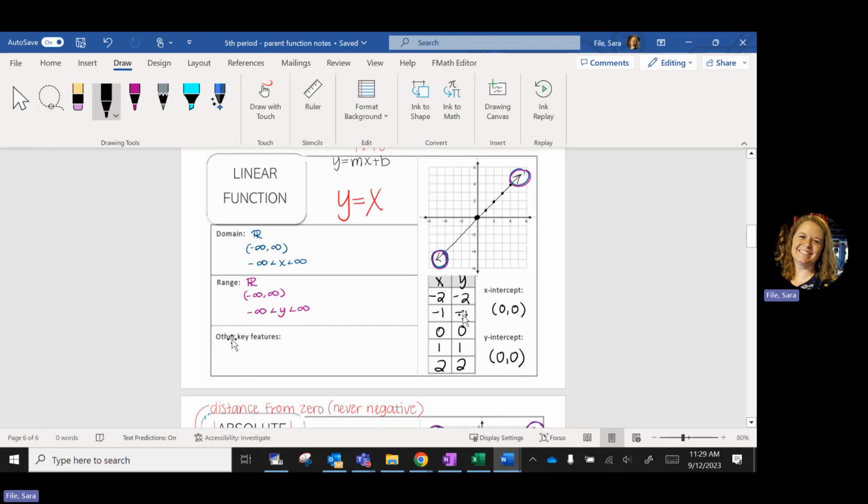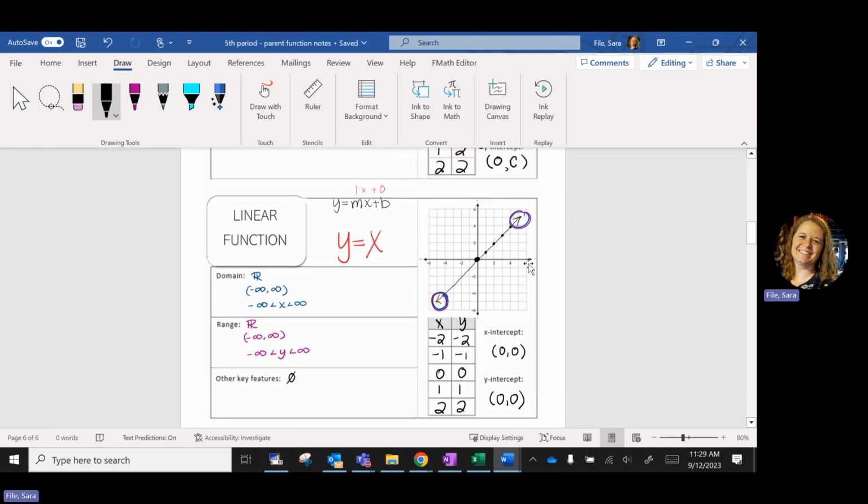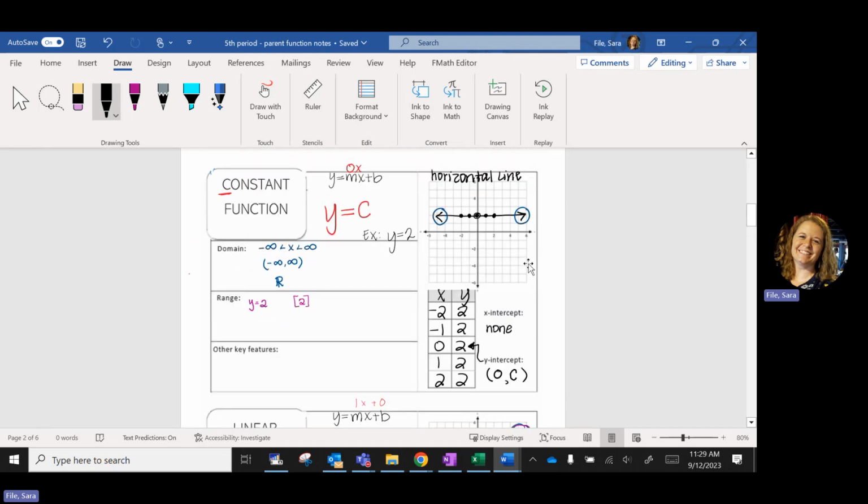If you want to make a note that there's nothing to add, you can draw a circle with a line through it or something so you don't think you accidentally left it blank. There's nothing for us to add there. We have our x and y intercept. We know our domain and range. That's it for linear.